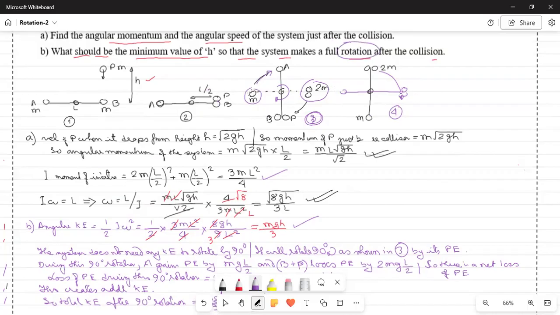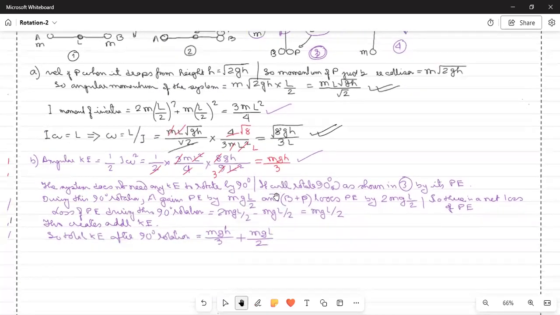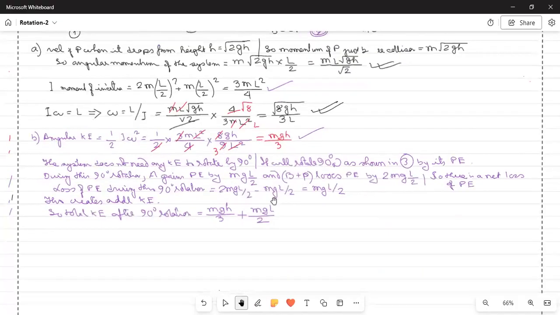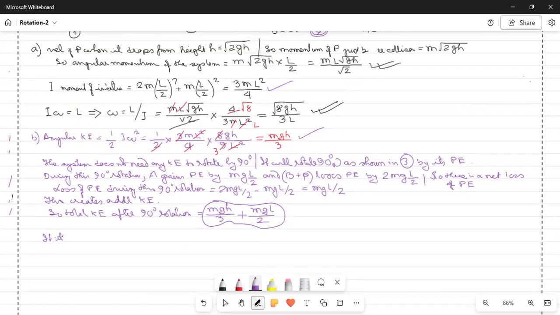So we have to now only find out whether the system can make another 180-degree turn from here with the kinetic energy which is left with it, right? This is the total kinetic energy it has in its pocket now.